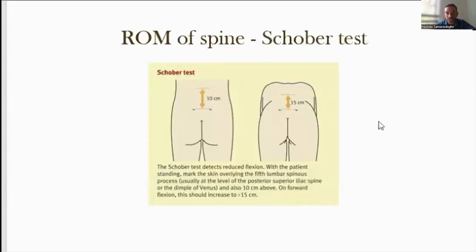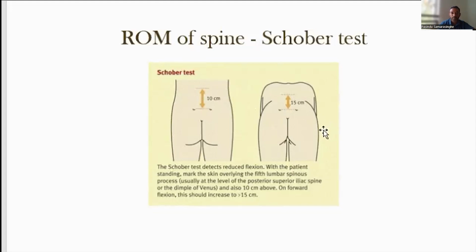You can measure the range of movement of the spine, and one test we use is the Schober's test. What you do is you make a mark over the posterior superior iliac spines. This is at the level of the dimple of Venus, and then you put another line 10 centimeters above as shown in the diagram.